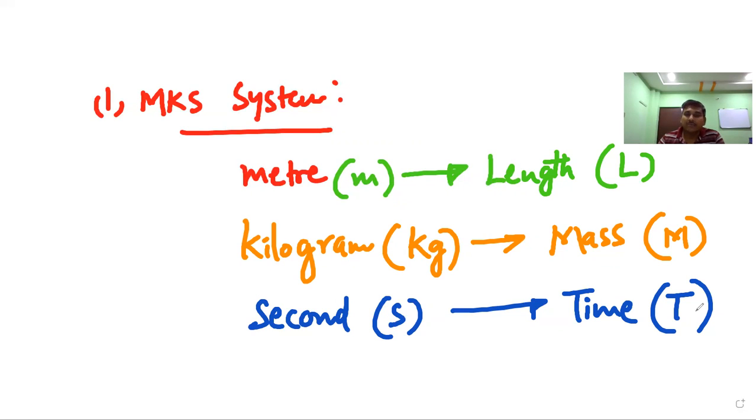Mass in the kilogram, length in the meters, time in the seconds. And be careful, the notations are: meter is m, and mass is kg, and time is second. Okay, this is the MKS system.